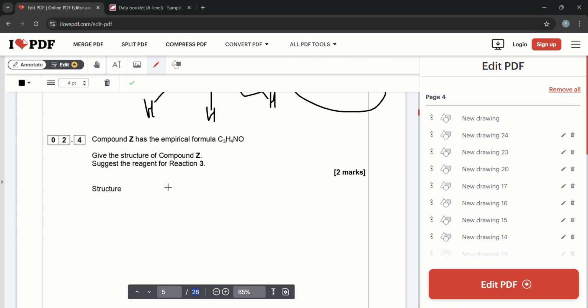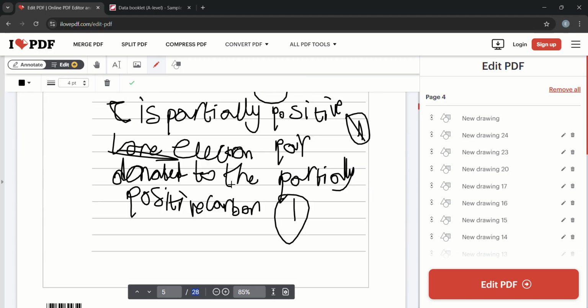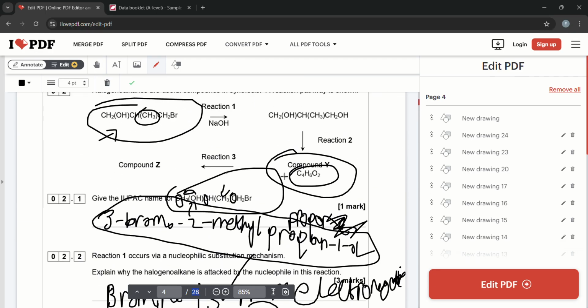And then 2.4, compound Z has an empirical formula C3H4NO. Give the structure of compound Z. C3H4NO. Well, that's the empirical formula. We know the empirical formula of compound Y is C2H3O.